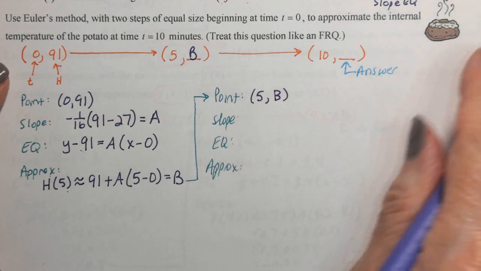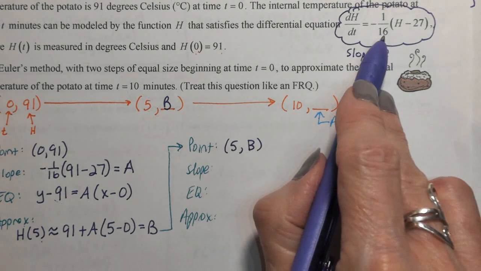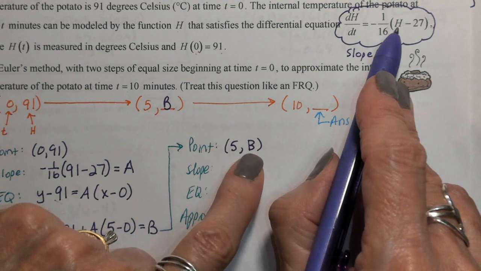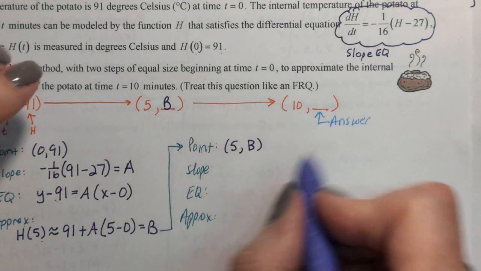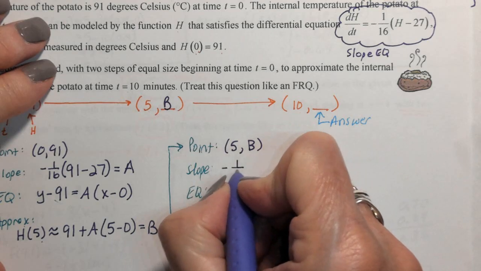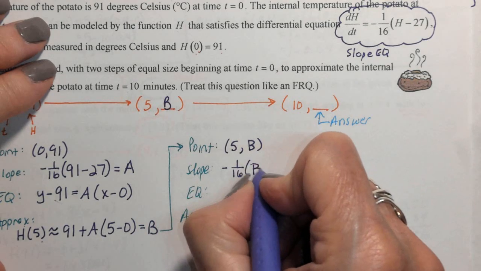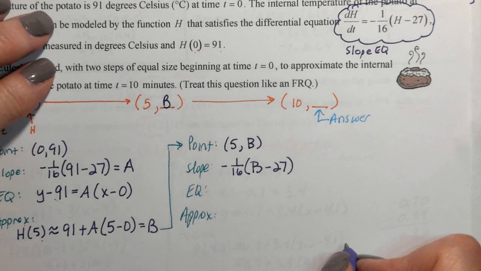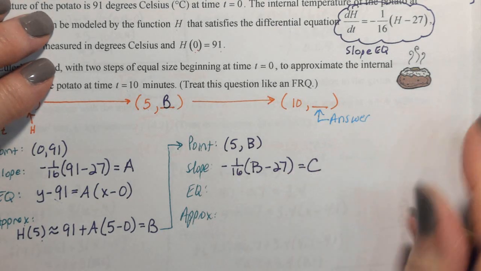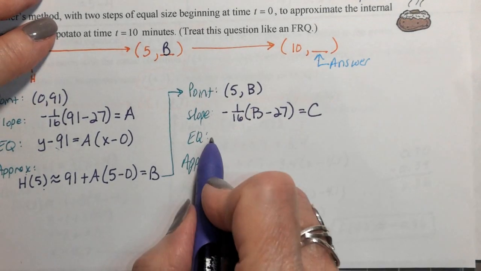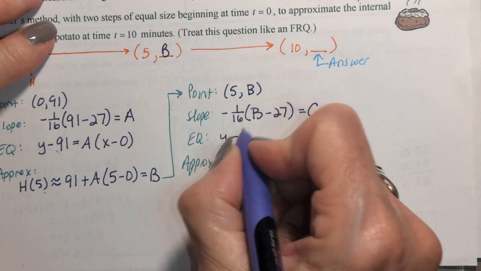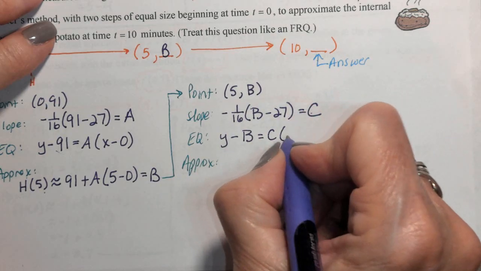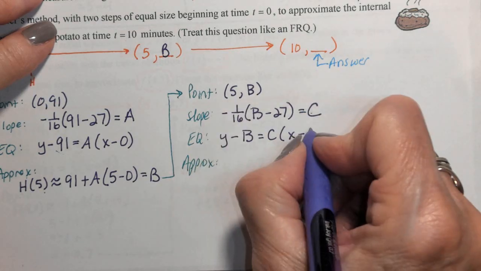The new slope will be negative 1/16 times the h coordinate, which is b, minus 27. So the slope is negative 1 over 16, b minus 27. And you can probably guess what I'm going to call that. I'm going to call that c. So my equation will be y minus the y coordinate of our point is equal to the slope times x minus the x coordinate of our point.